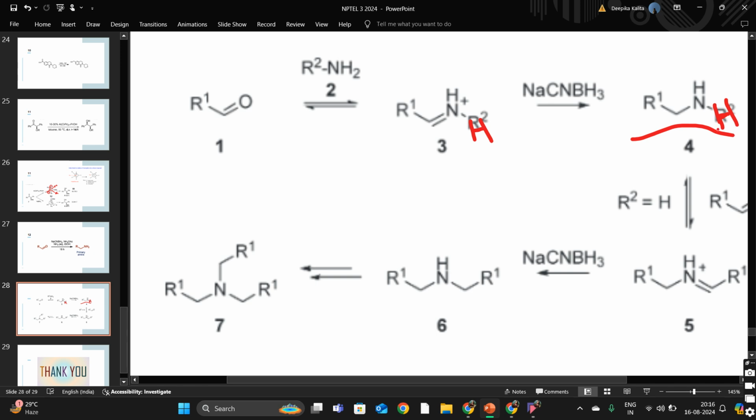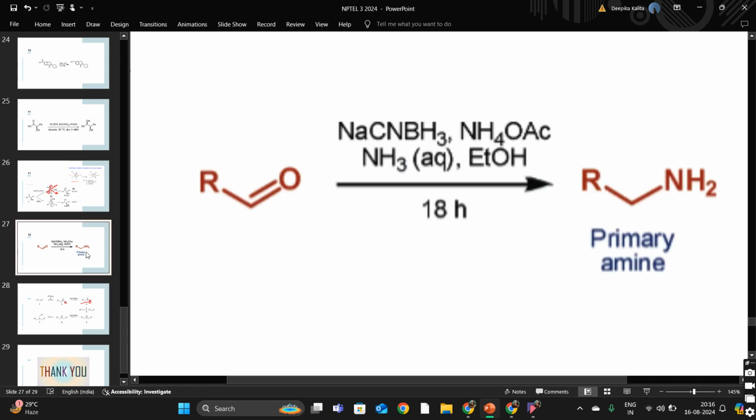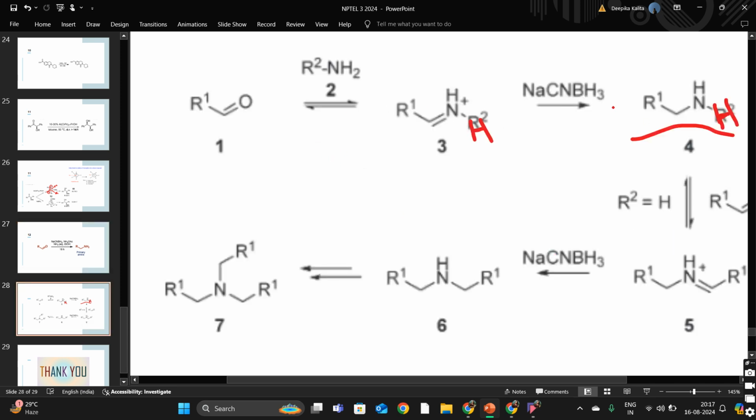At this stage only you have to stop because your reaction conditions are simple. You are only treating your aldehyde with ammonia and reducing it with sodium cyanoborohydride. So this amine is going to be your product. You don't have to go further, because if you are given two equivalents of the amine and two equivalents of the sodium cyanoborohydride, then only you have to proceed.